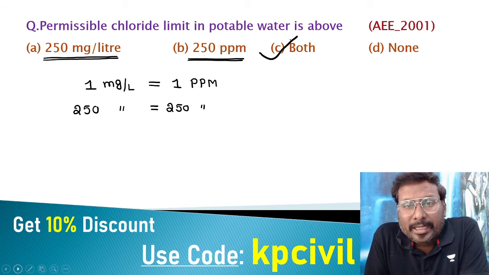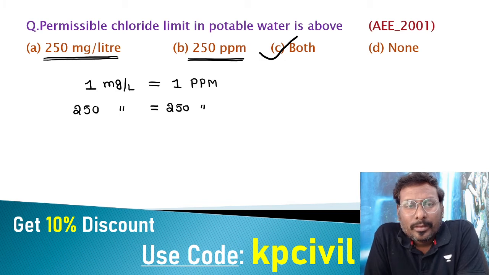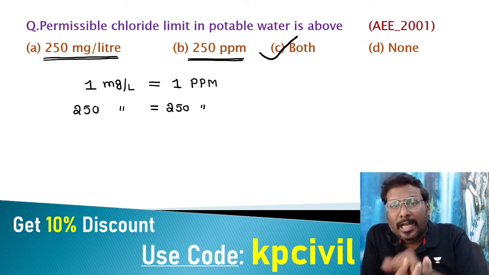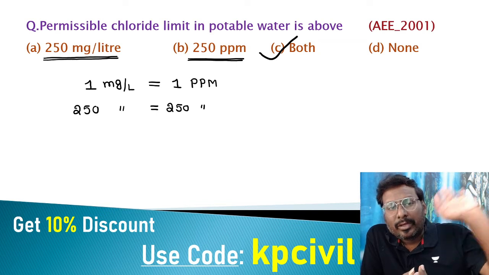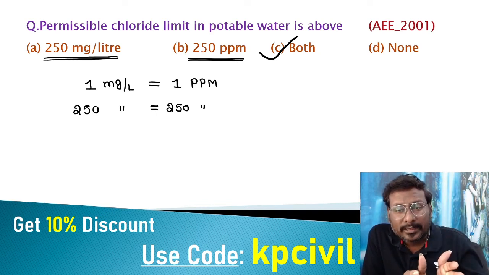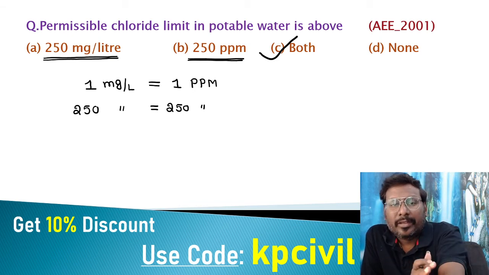But in the exam hurry, what will we do? We are not at all going to select option B or option C. We never read option B, C. Immediately we go for option A and tick it. But don't do that. Option A and B, very important.